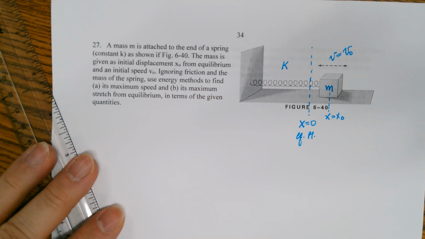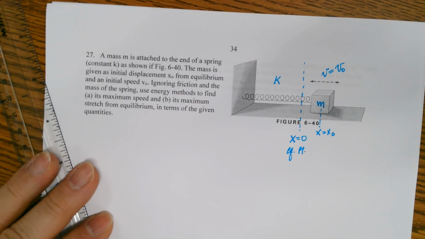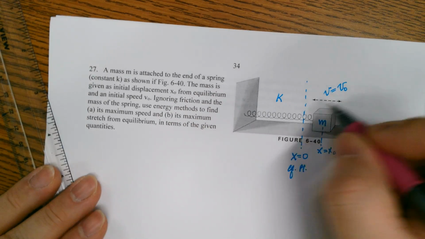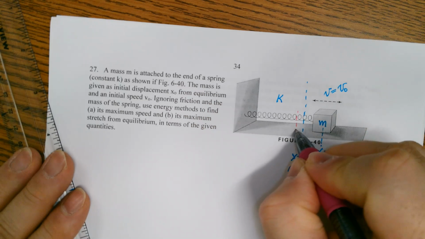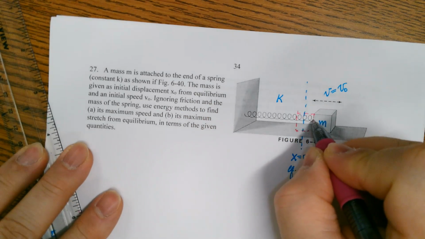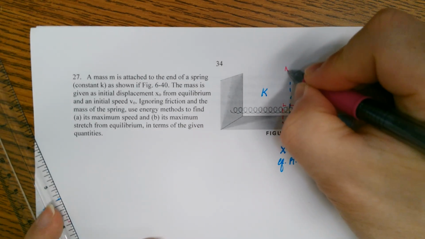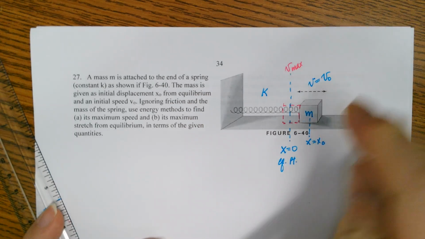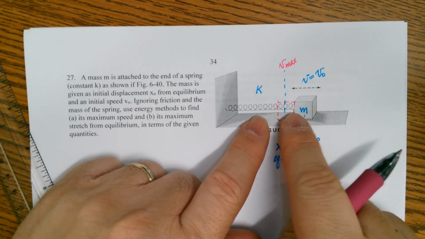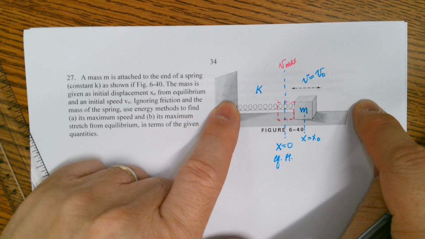Okay? Ignoring friction, what would the velocity be at maximum speed? Maximum speed will only happen at the equilibrium position. This would be the V max, because at the endpoints it's going to come to a stop, so there's no velocity at the endpoints.